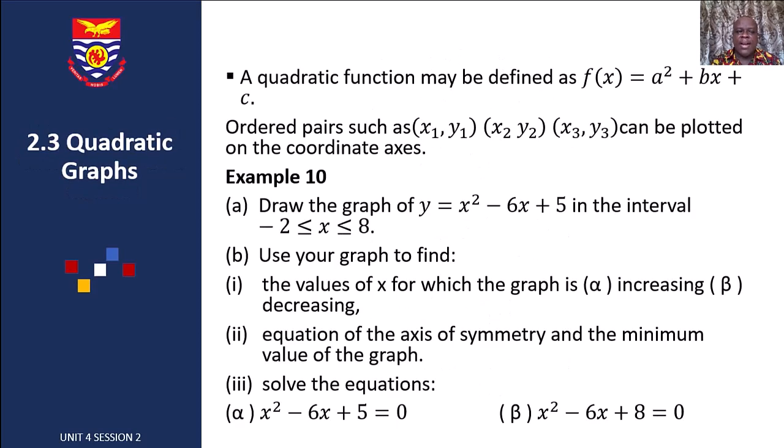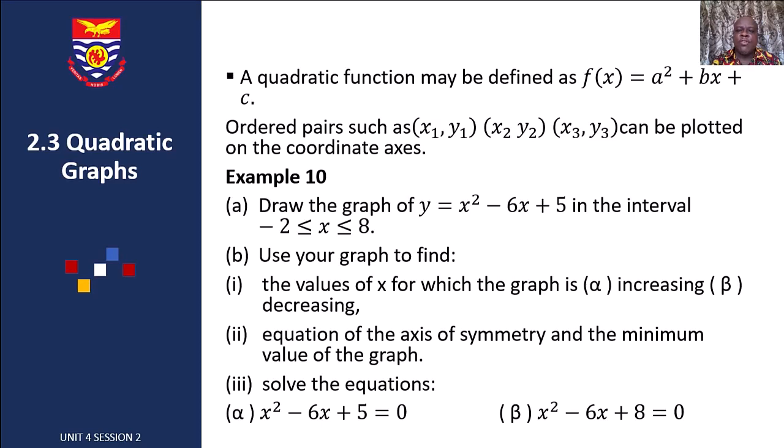Our next topic is quadratic graphs. A quadratic function may be defined as f of x is equal to ax squared plus bx plus c. So we can draw the graph of such functions.